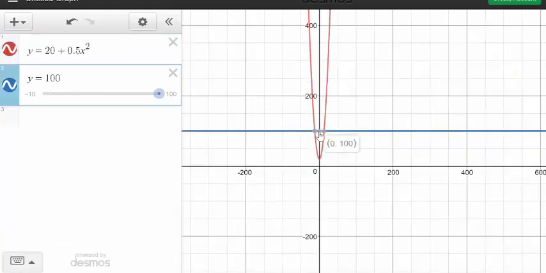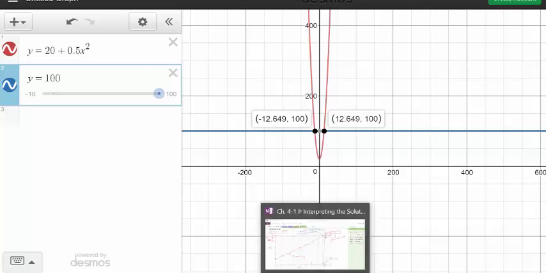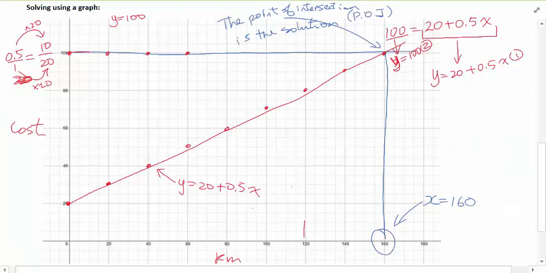Then there's your solution there. When the equations get really ugly, it's nice to use Desmos. However, you should know how to do things algebraically. So that's the next part that we're going to cover. We're going to cover how to solve this algebraically.